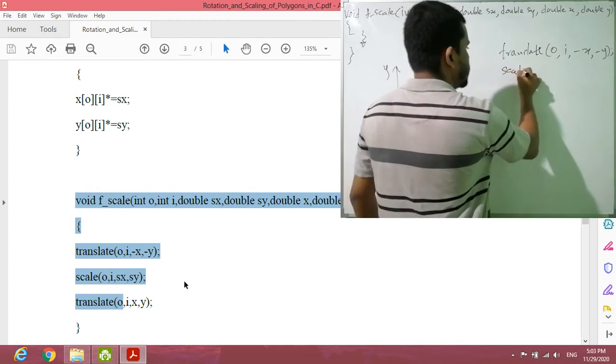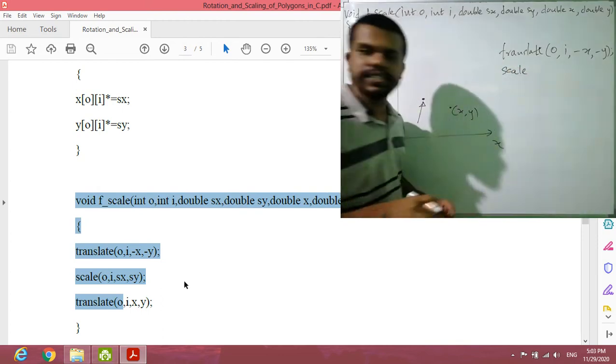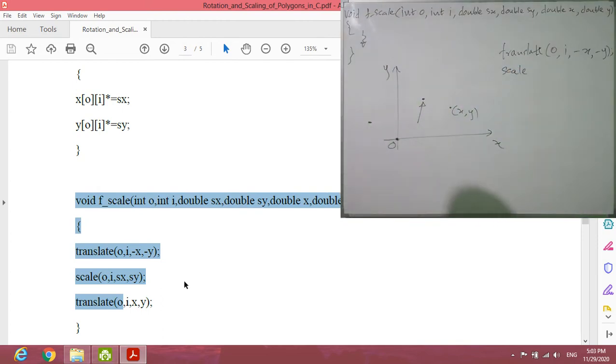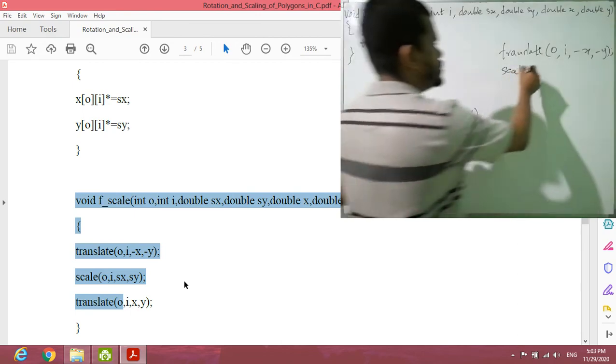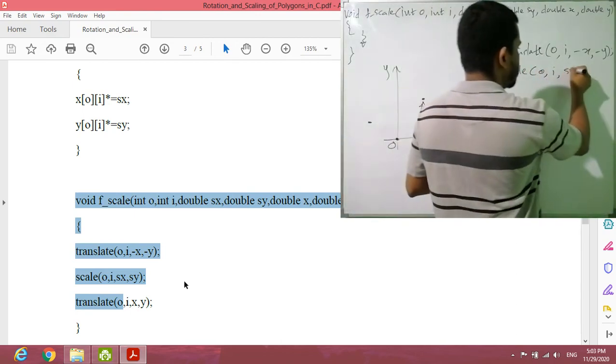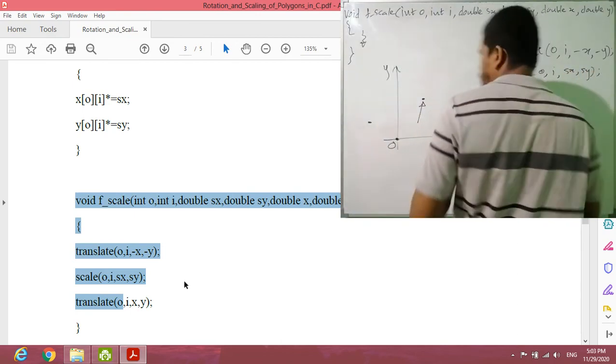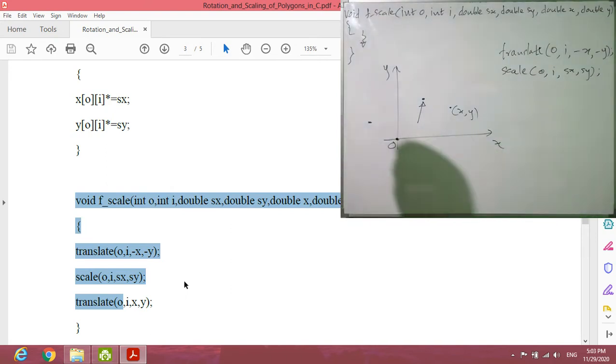Now we use the scale function, which is with respect to the origin. So we invoke the scale function with o, i, sx amount and sy amount. Let's say it went somewhere here.